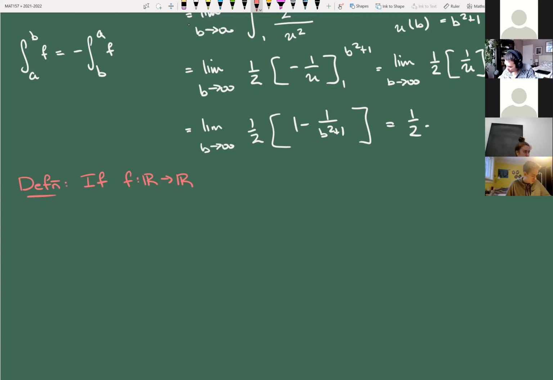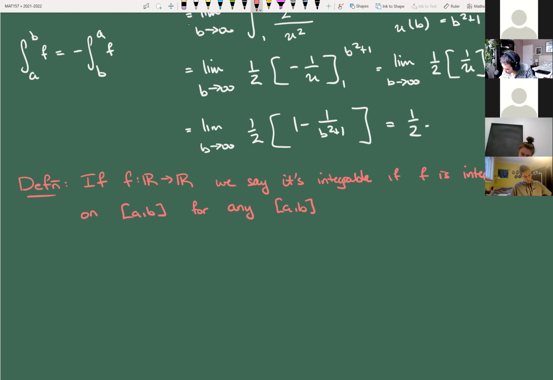So if f maps R to R, we'll say it's integrable if it's, again, integrable on any compact subset. We say it's integrable if f is integrable on [A, B] for any A and B. Okay, it's an improper integral.